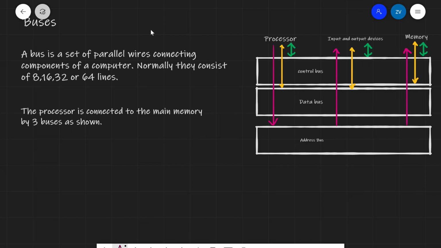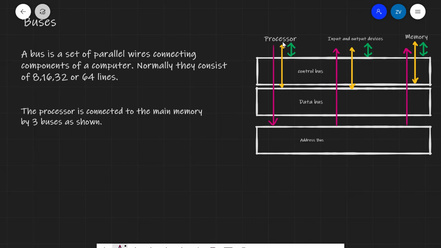When the CPU wishes to access a particular main memory location, it sends this address to the memory on the address bus, as shown down here. The data in that location is then returned to the CPU on the data bus just here.